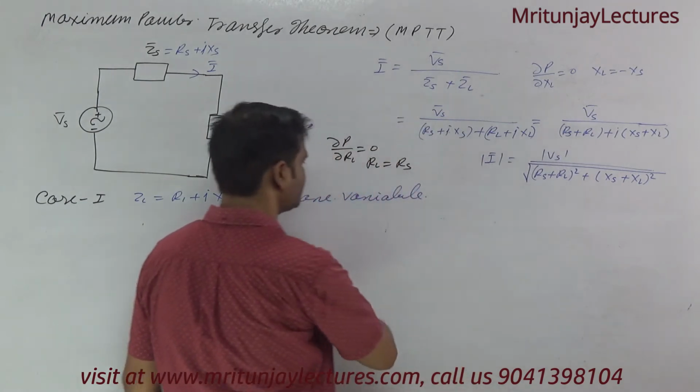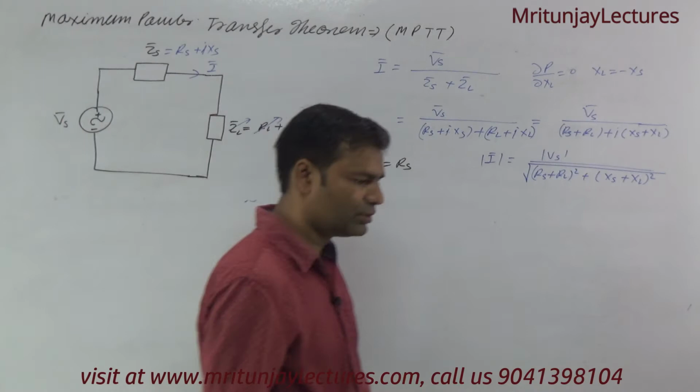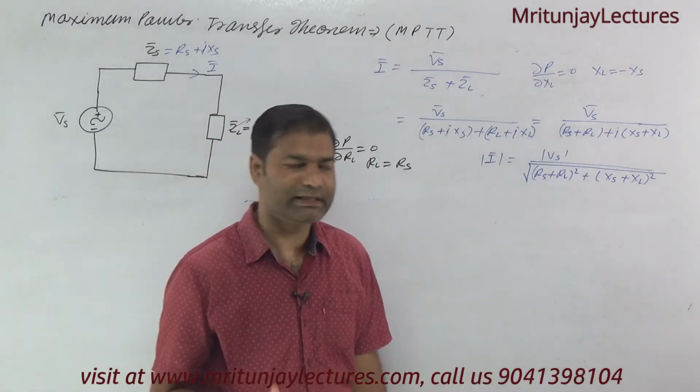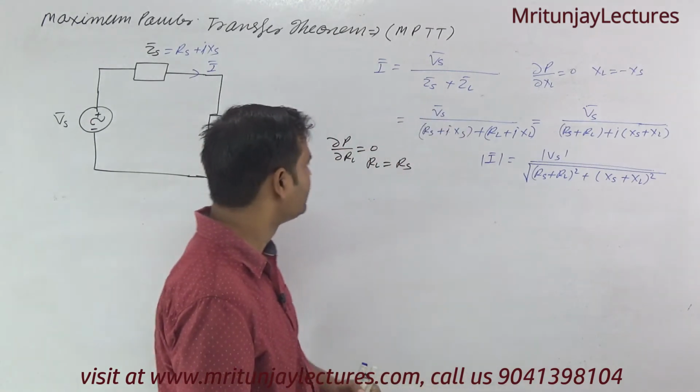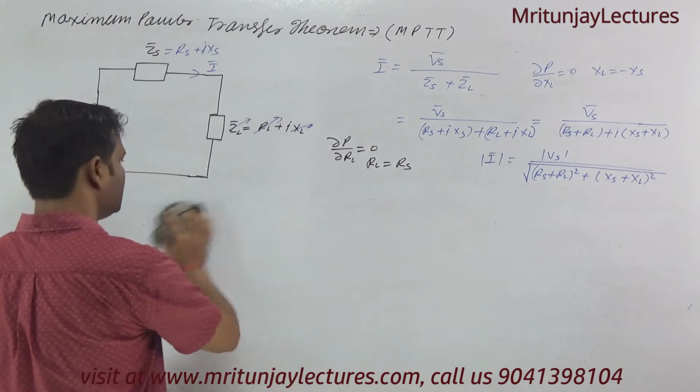This is case first. If the load ZL varies corresponding to RL and XL, then what is the effect on power?